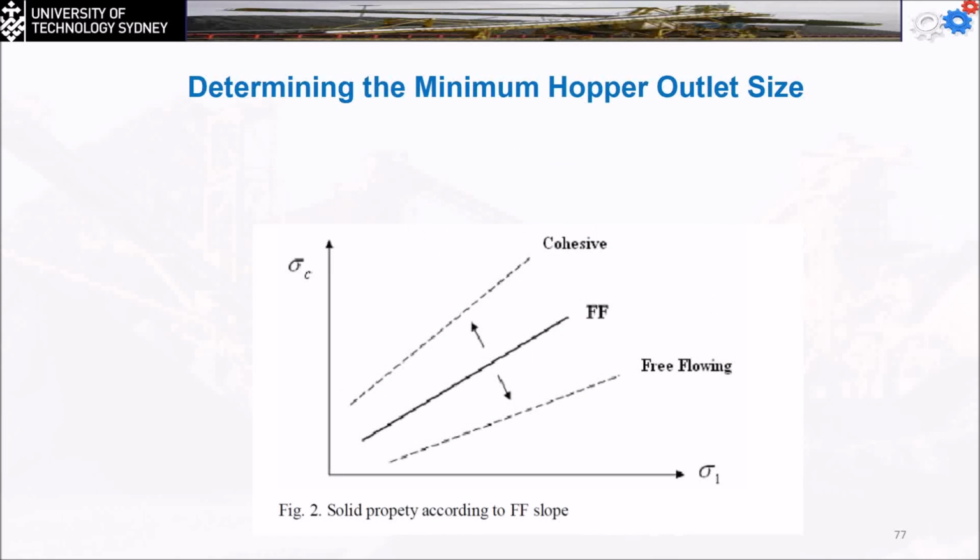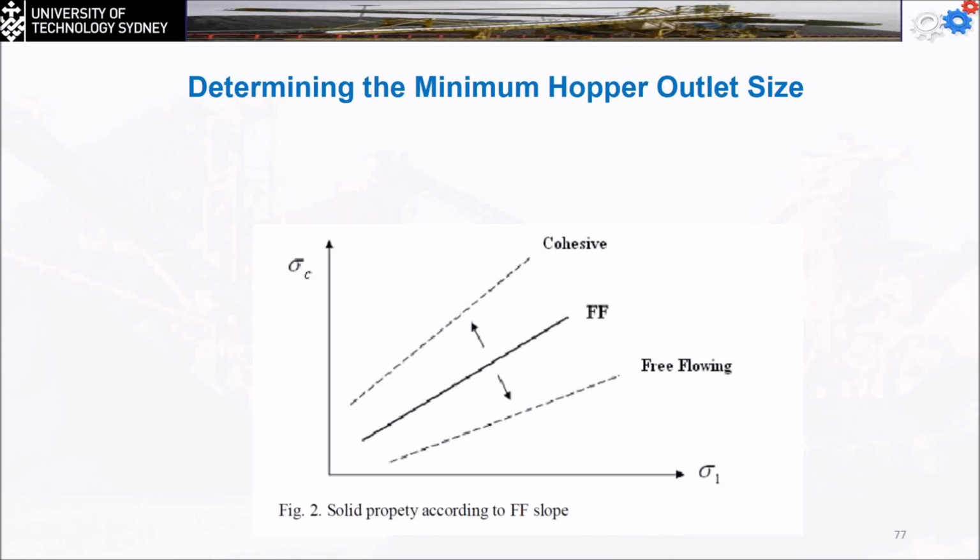More than 1, up to 10, and at 10 it is going to be free flow. So that's the condition we should have, that the value of the FF should always be equal to or less than 1. That's what we described last time.